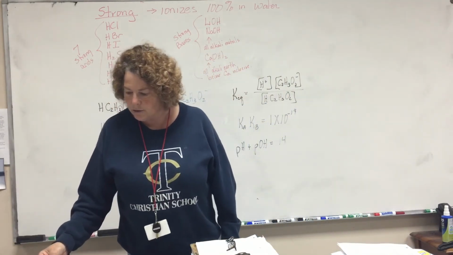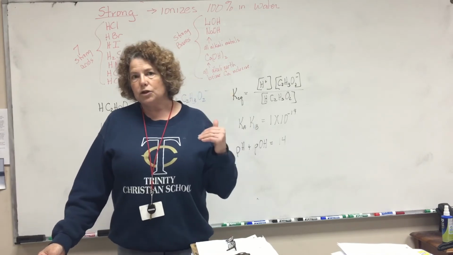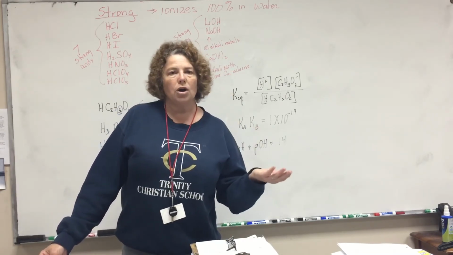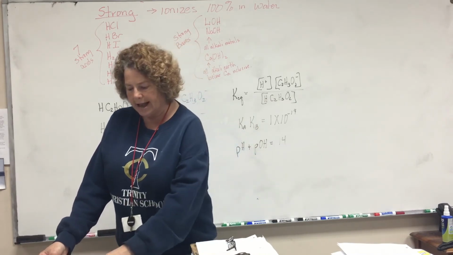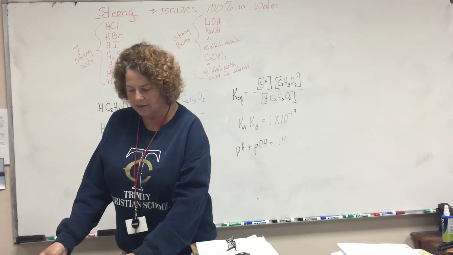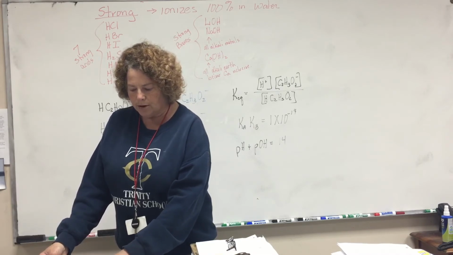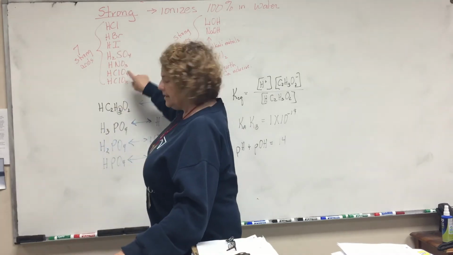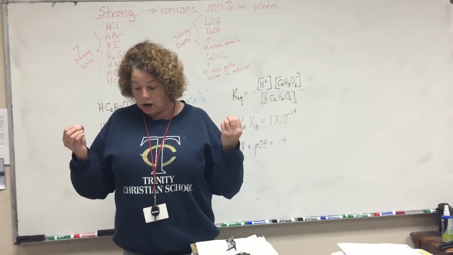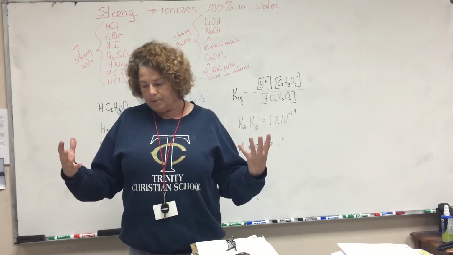So on page 419 are relative strengths of acids or bases. So when they ask you to compare which one's stronger, and they give you two, just look at that chart. On the acids, the ones near the top are the strongest. In fact, if you go from perchloric acid through nitric acid, they all say the Ka is large, which means they ionize 100%.